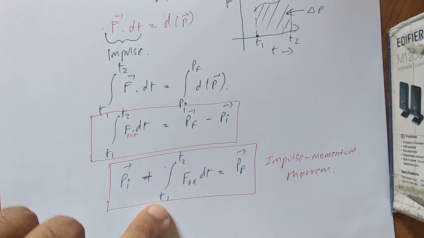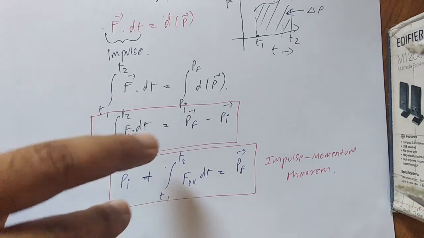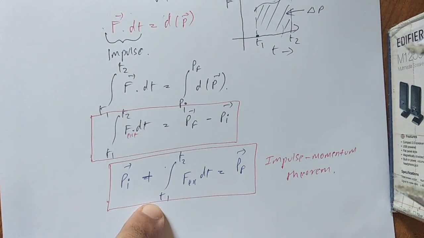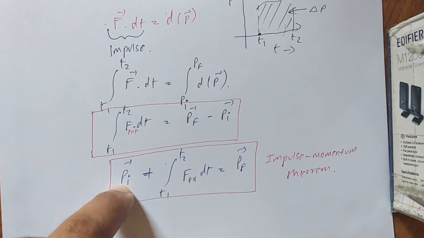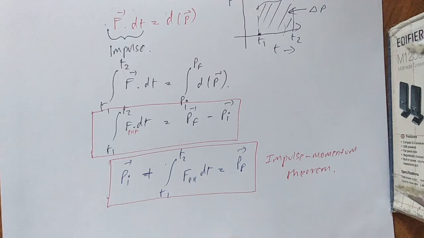For time t1 to t2, the external force is acting on an object, that is known as the impulse, and the sum of the impulse and the initial momentum will give you the final momentum. This equation is known as the impulse momentum theorem.